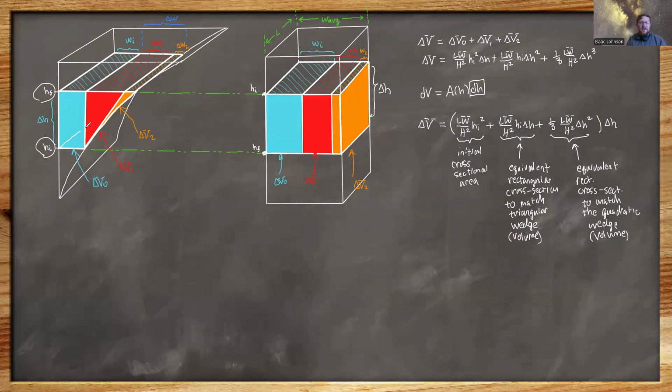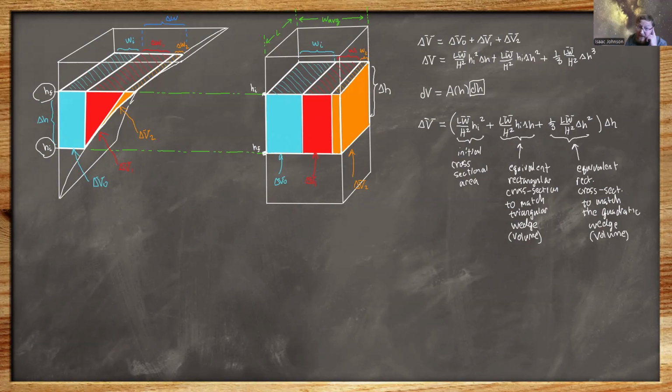It's that with the true quadratic basin, the initial cross-sectional area is smaller than my equivalent rectangular prism cross-section. So initially, we would expect the quadratic basin to kind of shoot ahead in water level, right? And then the rectangular basin is, of course, going to go at a steady rate, assuming you're filling it steadily.